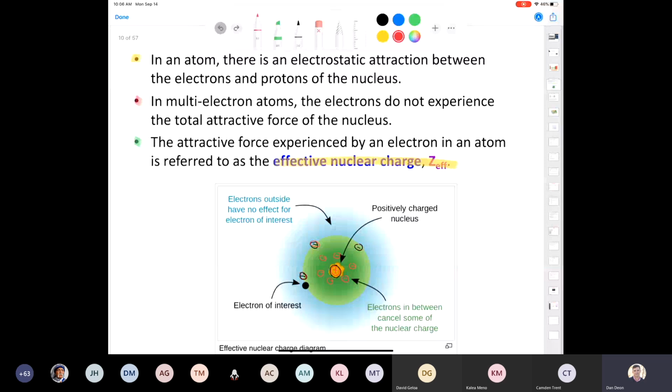So effective nuclear charge means the net nuclear charge that these outer electrons experience. Give me a thumbs up if that makes some sense to you. It's how much of the nucleus the outer electrons experience. Kinda? Okay, I'll take a kinda, because as we move on, it should become even more clear.